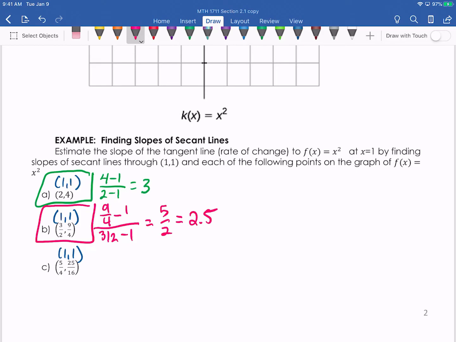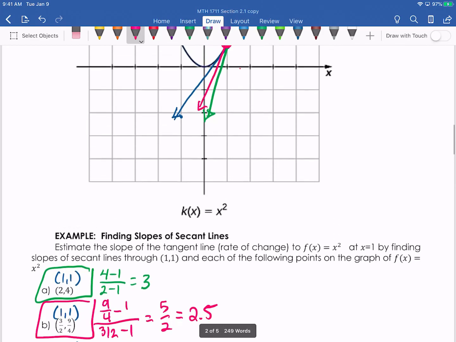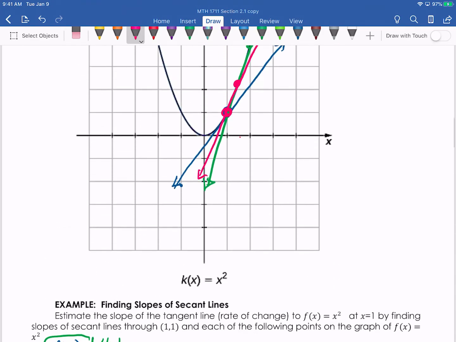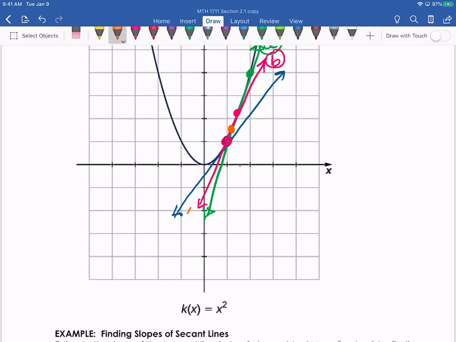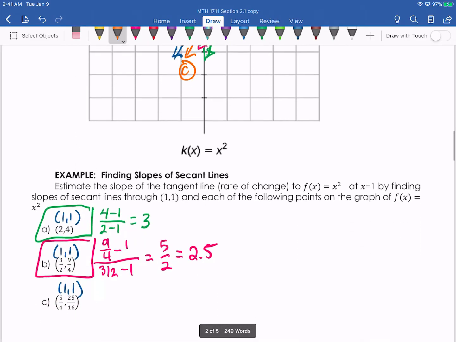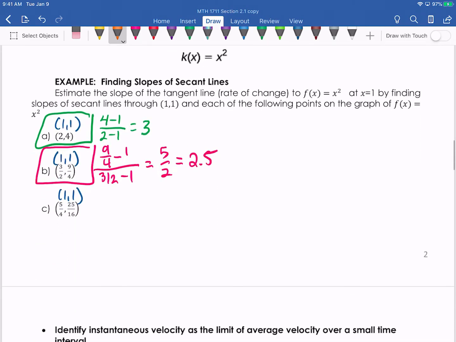Now I'm going to pick another point even closer: 1 1/4 instead of 1 1/2 now. So that's 5/4. So let's do orange. So now I'm going to pick this point here. Now I'm trying to find the slope of this line, which is getting closer and closer to the slope of the blue line, which is what we're trying to approximate.